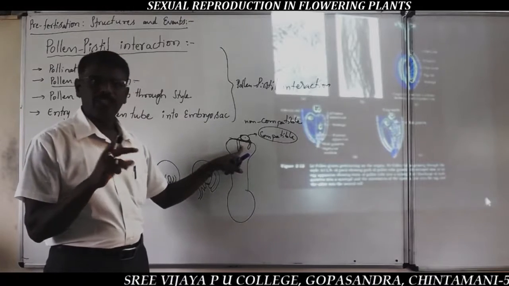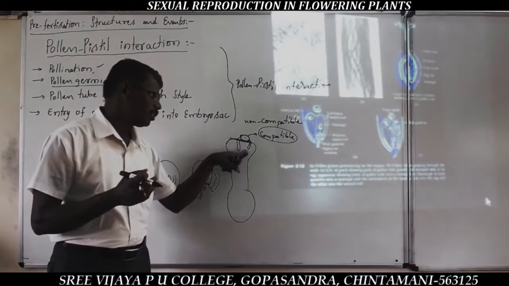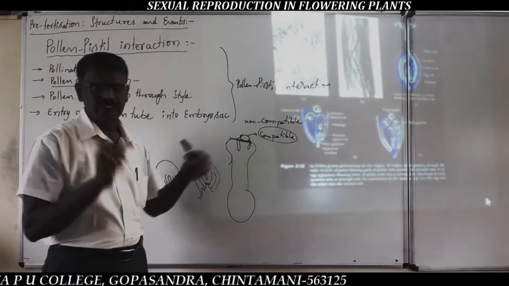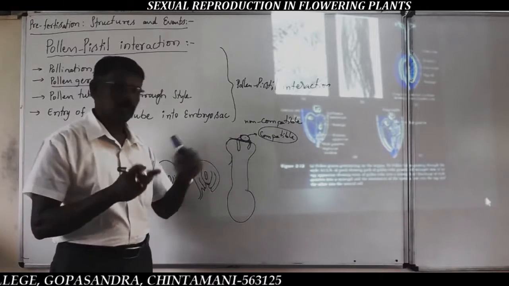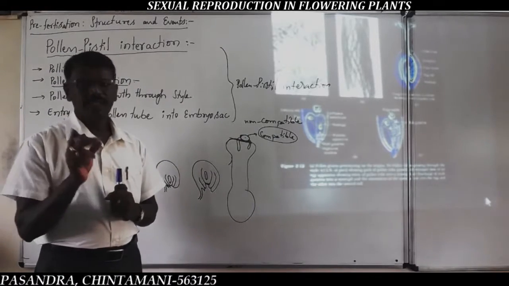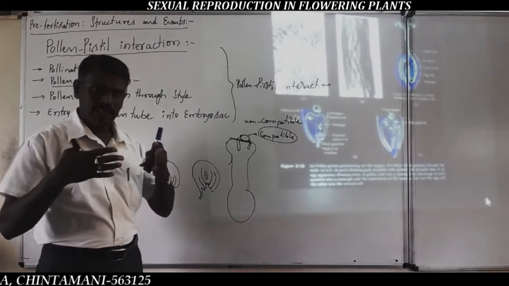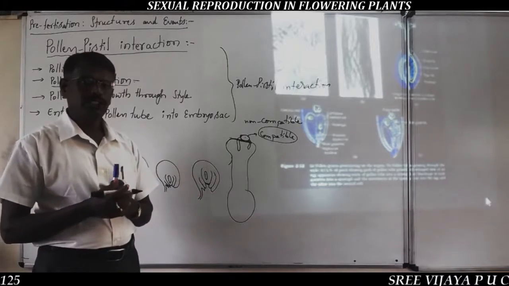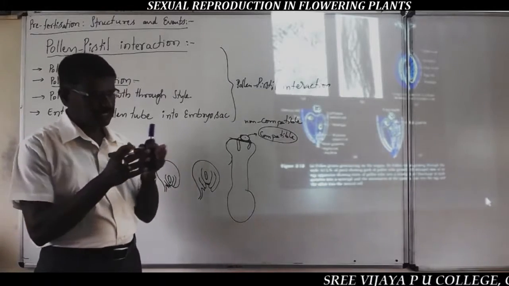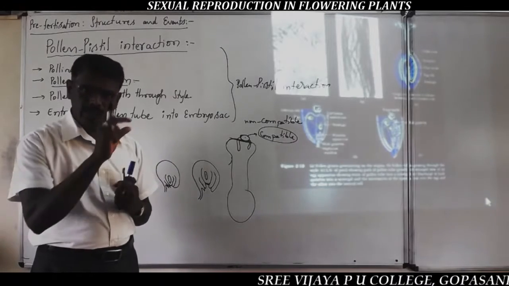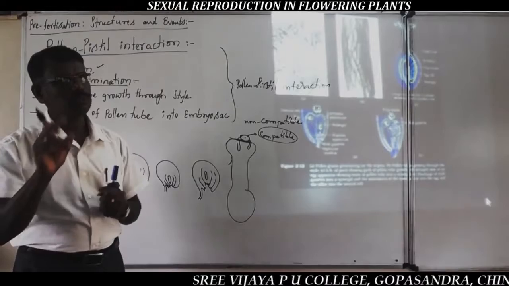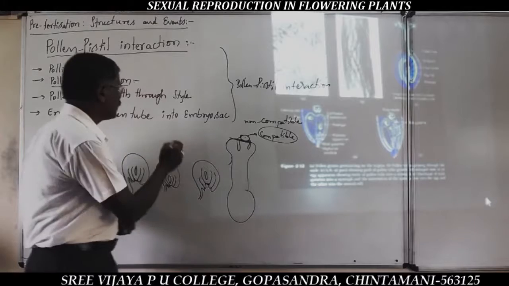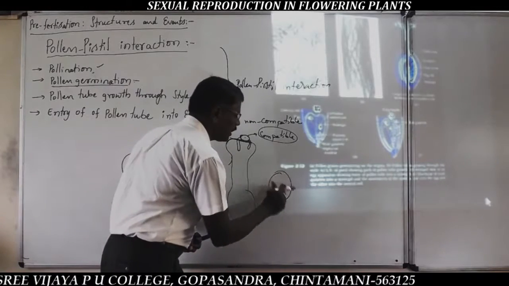How does the pollen tube emerge? The pollen tube emerges from the intine of the pollen grain. At the time of germination, a plug emerges through the germ pore as the pollen grain swells, and the intine layer emerges from the germ pore.